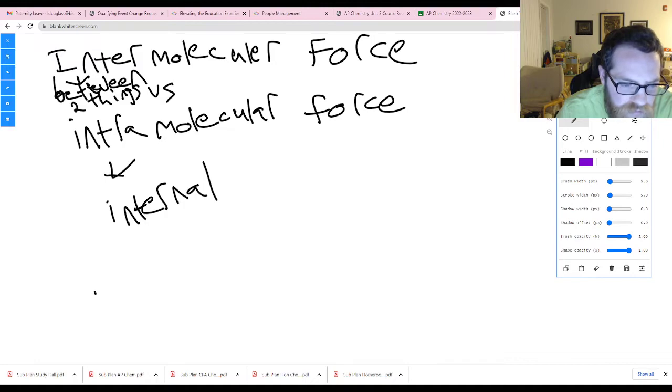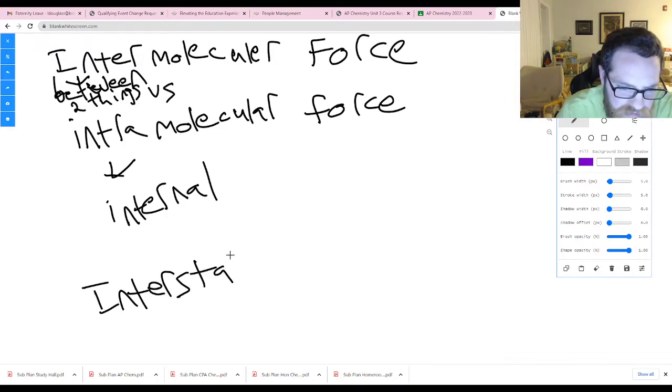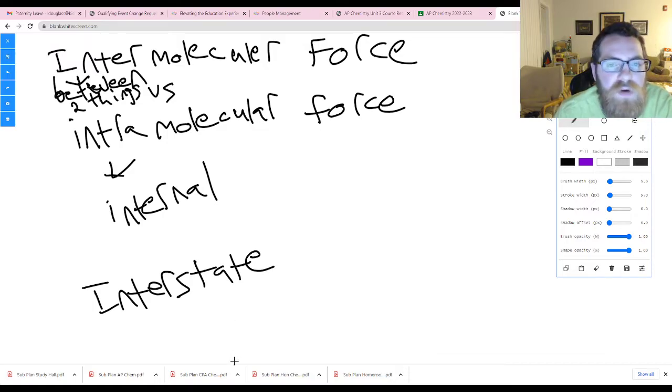So for example, an interstate is a road that connects two large areas, generally states. It goes across states.